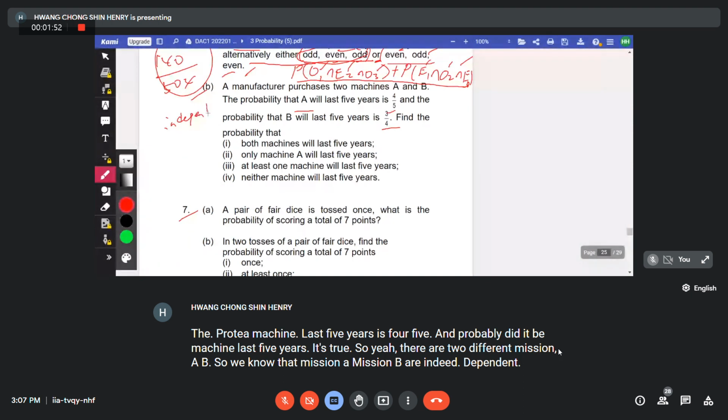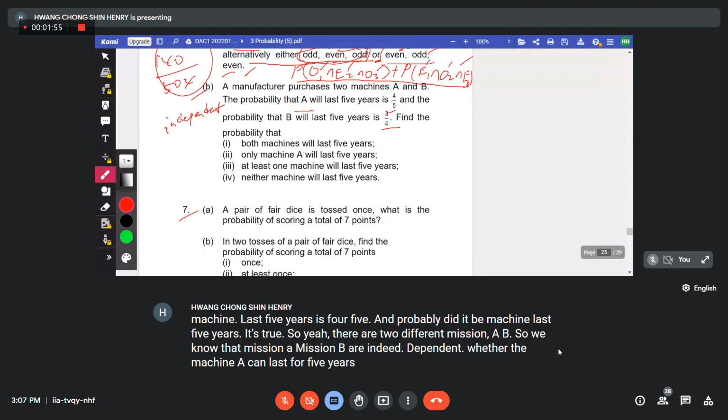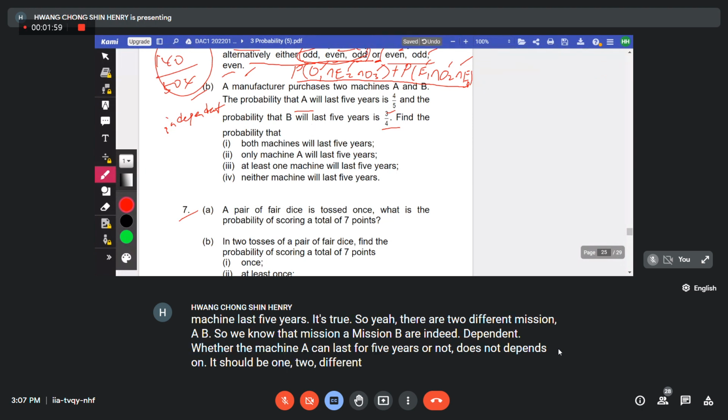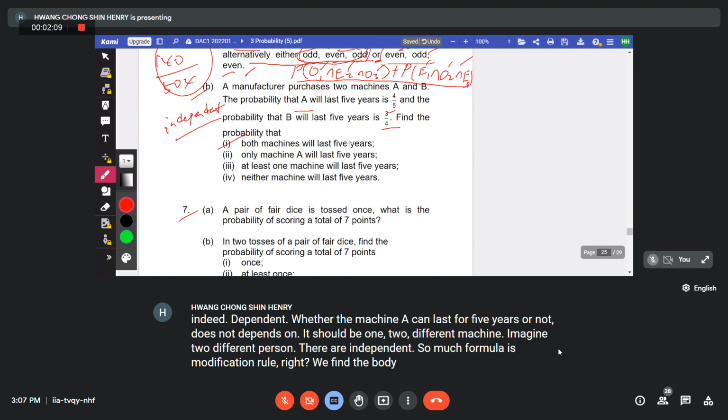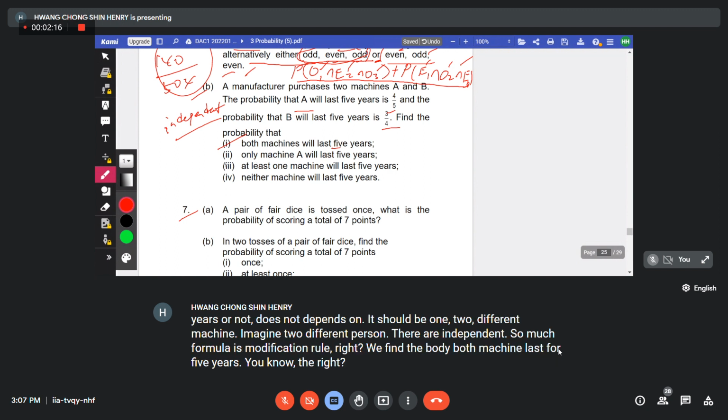Whether machine A can last for 5 years or not does not depend on machine B. 2 different machines. Imagine 2 different persons. They are independent. So what formula do we use? Multiplication rule, right? Okay, find the probability both machines last for 5 years. You know to write in simple.